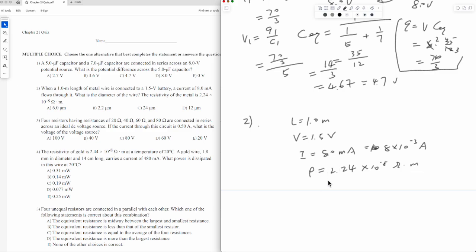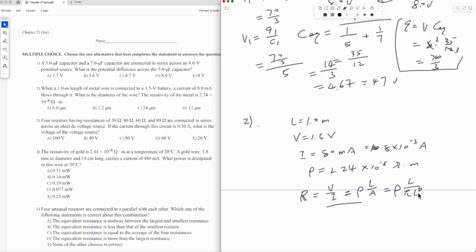Okay. So first we have to see what is the resistance of the wire. Resistance equal to voltage over current, right? So let's do this, okay? So resistance equal to voltage over current, also equal to resistivity times length over area. Okay, so because this is a wire, metal wire, area is pi, asking for diameter, right?